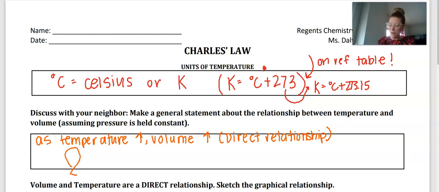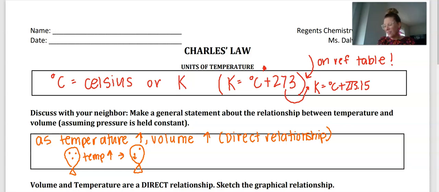If you think about how we've defined temperature, remember that means average kinetic energy, how fast our particles are moving. So if in my balloon the temperature increases, we actually end up with particles that are moving faster. And I didn't really do a good job of drawing the balloon bigger. Maybe you can do that on your own.